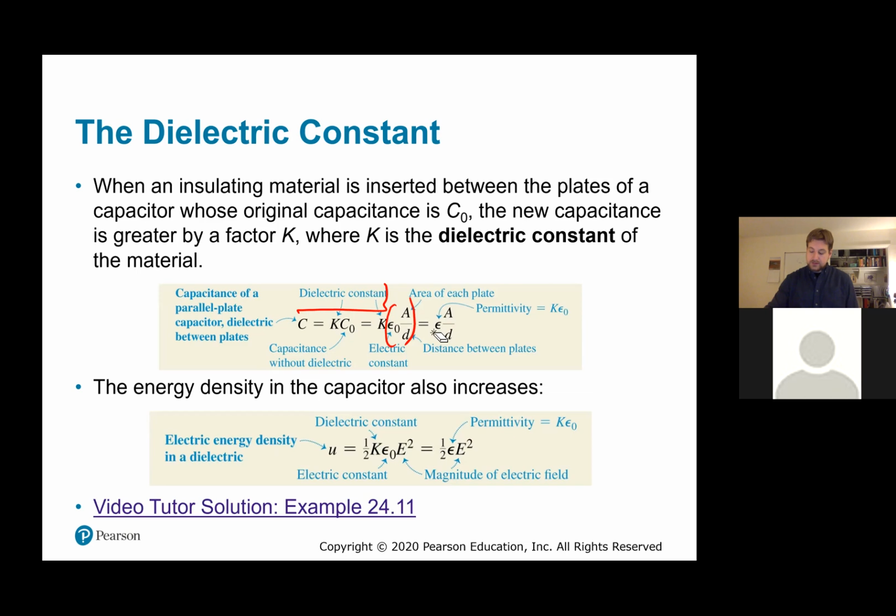So we can think about kappa epsilon as the new epsilon, the permittivity of this material, this medium. How easy, how difficult is it to set up an electric field as a result of having some charge? Epsilon. If we're changing the environment, we have to change the energy considerations as well. And so we see kappa showing up here and the new permittivity.